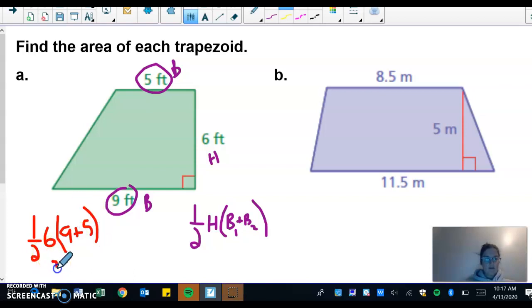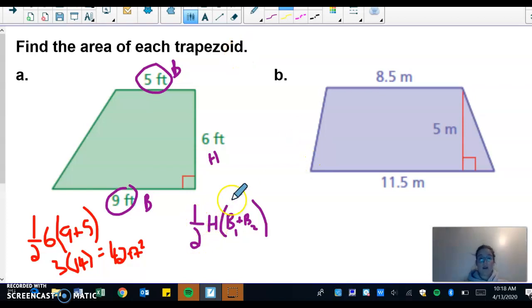So 1/2 of 6 is 3. 9 plus 5 is 14. So it's 3 times 14, which is 42. And then the unit of measurement is feet. So 42 feet. Again, we're talking about area. So 42 feet squared. So that's how you find the area of a trapezoid.